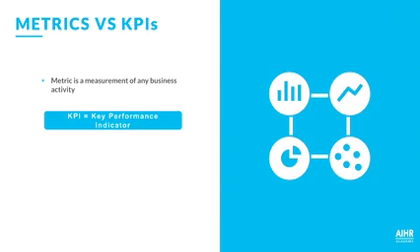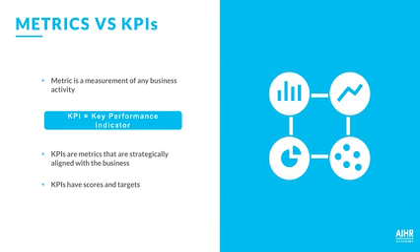As we already saw, a metric is a performance indicator, basically any performance indicator, any way of measuring performance. This means that KPIs are metrics that are key, that are strategically aligned with the business. So KPIs always have a strategic impact.